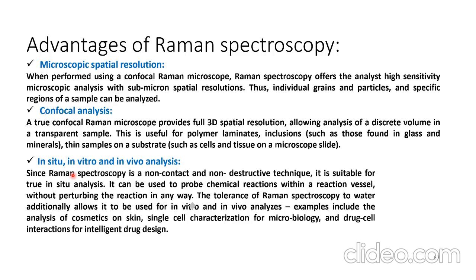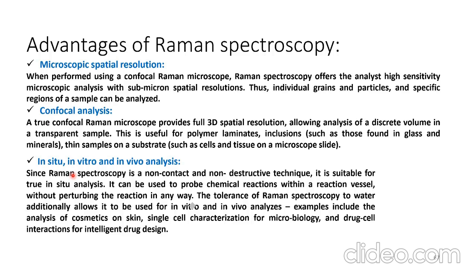We can do the analysis on a particular section or region. Then we can have a confocal analysis also. A confocal Raman spectroscopy microscope is fully 3D spatial, so we can even scan the whole region as well. We can stack at different depths and do the analysis. We can do the mapping also sometimes.